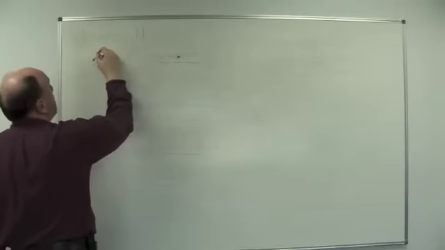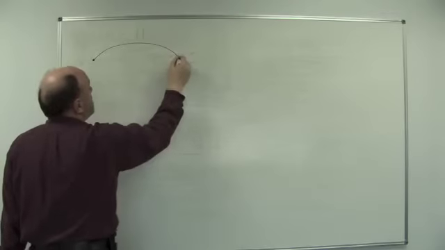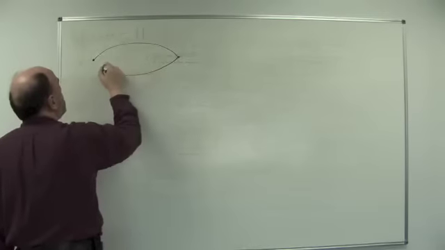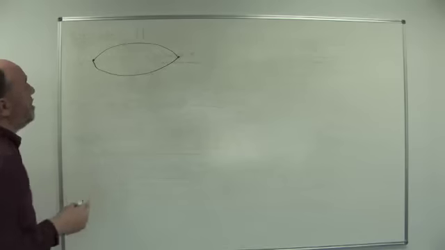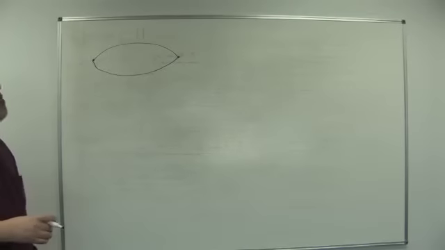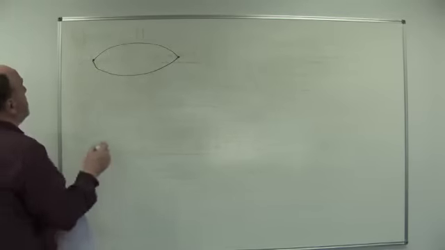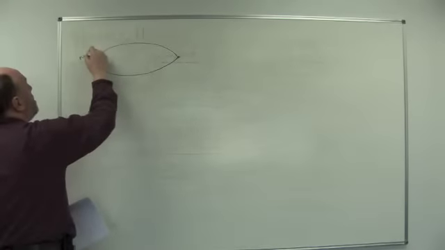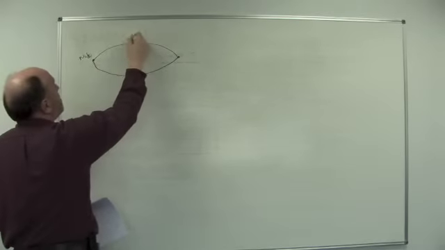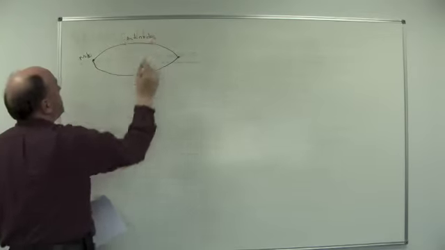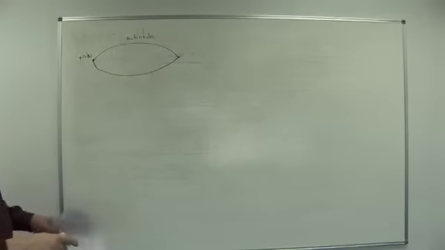My wave goes like this, and then we get the counterpart of this wave going like this. This thing is vibrating back and forth, and we have the nodes and the antinode. So this would be the node, and this is the antinode.